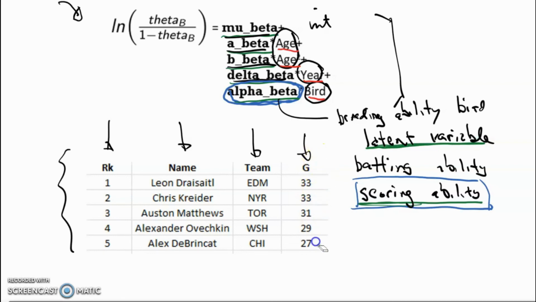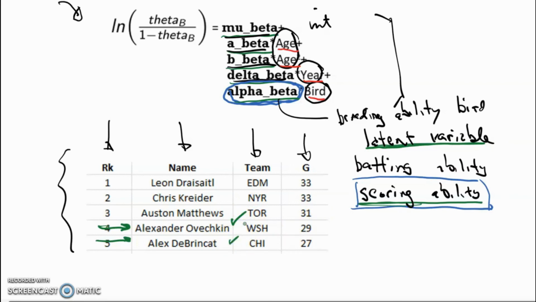And one way to think about it is, if you think about these two players here, Ovechkin and this guy that I've never heard of, looking at the number of goals scored, you would say that Ovechkin is better than this dude.